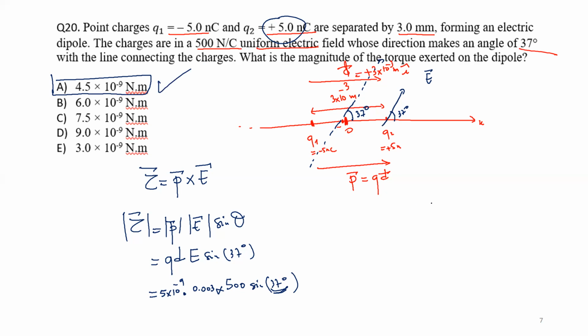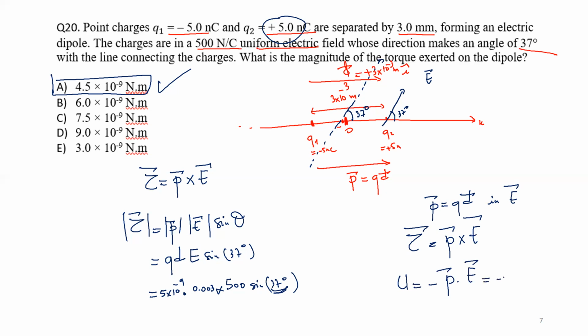Again, when I have an electric dipole moment put in an electric field, the torque is just P cross E. The dipole moment wants to align with the electric field. And I told you the potential energy is just minus P dot E, which is minus PE cosine theta.